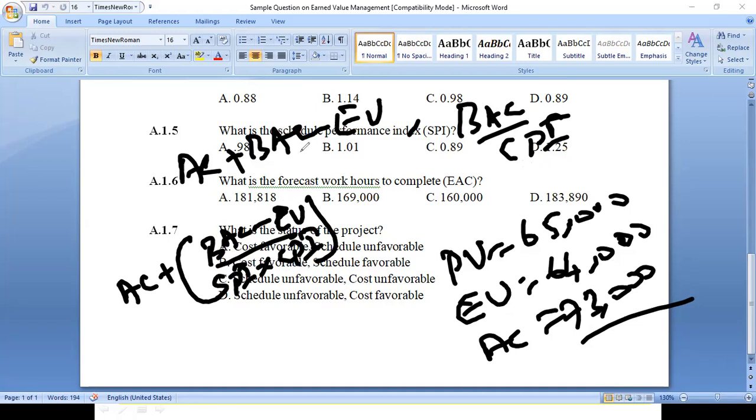The first one is actual cost plus BAC minus EV, or you can use BAC minus CV for the first one. So this is the one you need to do. Everyone is doing, right?